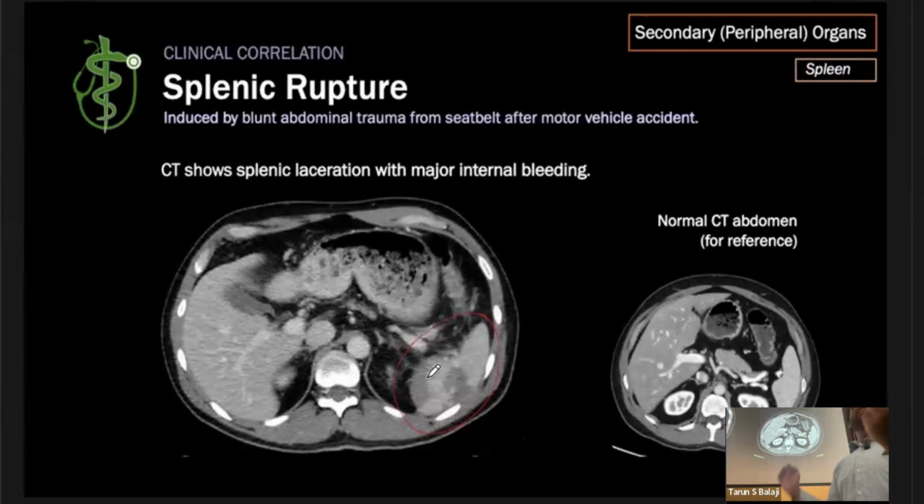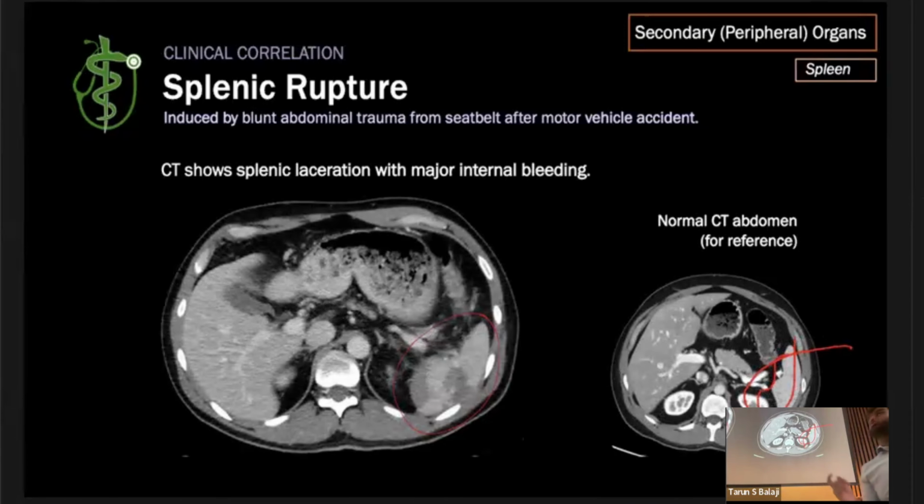Oh, lovely. We've got his CT. Now, I've got a normal CT off here to the side to show you what you typically expect to see in an abdominal CT. Now, your spleen is right over here. Do we see well-defined borders?